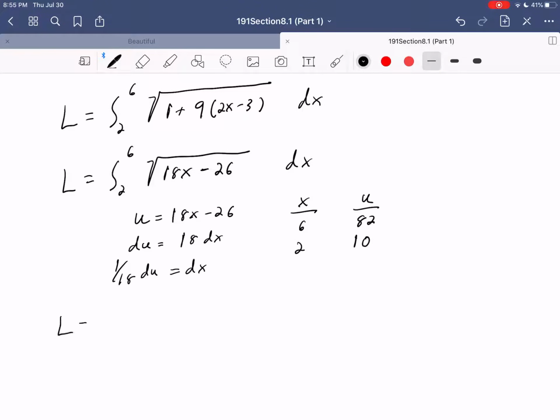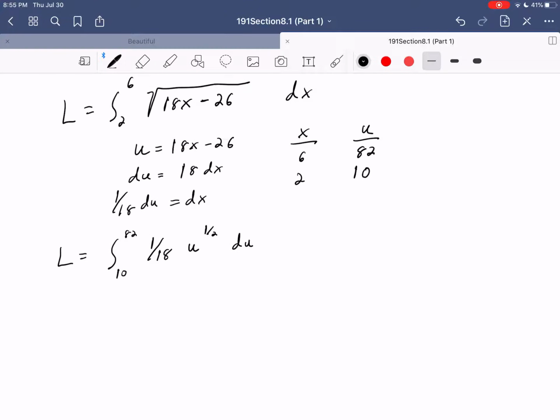So we now have the integral from 10 to 82. We have a 1 over 18 in front, and we have a u to the 1/2 du. We integrate that. This is going to become, if we add 1, a 3/2, so we need to multiply this by 2/3.